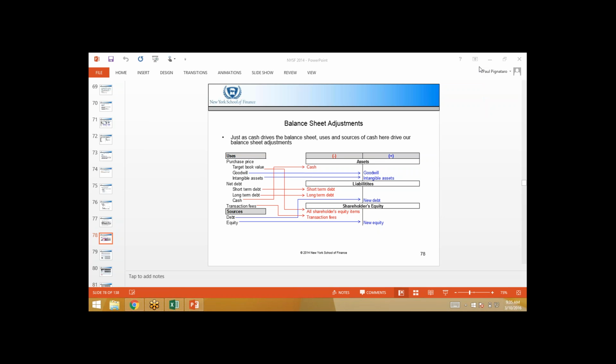Sources and uses. And the adjustments are based on those sources and uses of cash. The balance sheet adjustments stay in balance if each and every use is properly adjusted for in the combined balance sheet, and each and every source is properly adjusted for in the combined balance sheet.